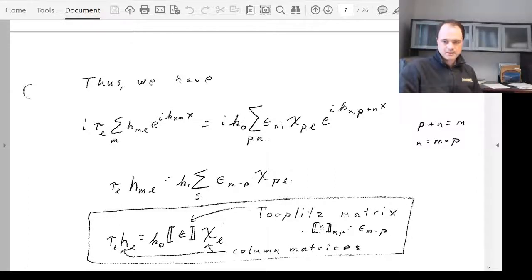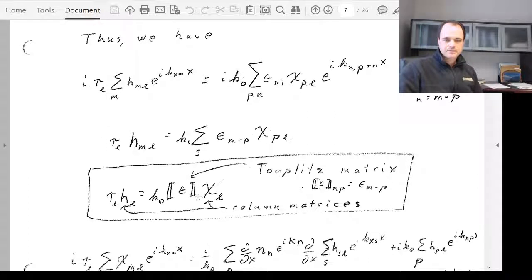All right. Now, this whole thing here can now be turned into a matrix equation where you're multiplying two things together: one matrix times a column matrix.